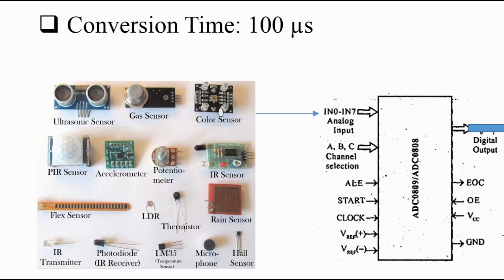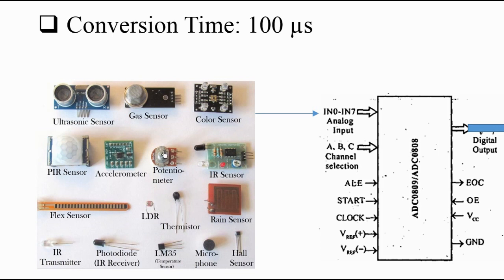Then there are color sensors, black color, white color, and then there is a PIR sensor, passive infrared sensor, which senses human movement. Then there is an accelerometer available. An accelerometer is basically used to know the z movement, x movement, and y movement. Then there is the potentiometer available.